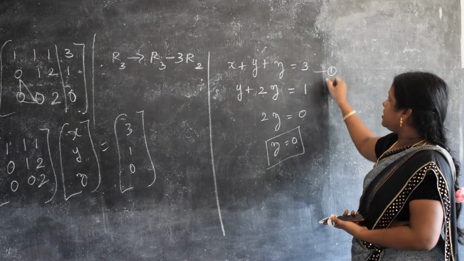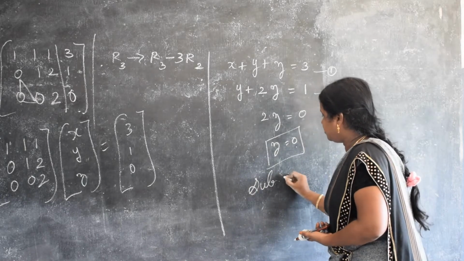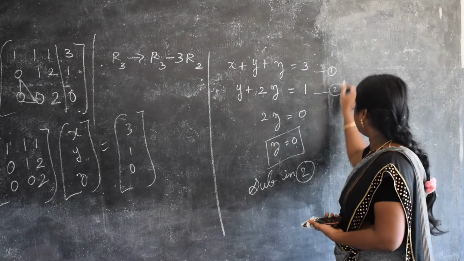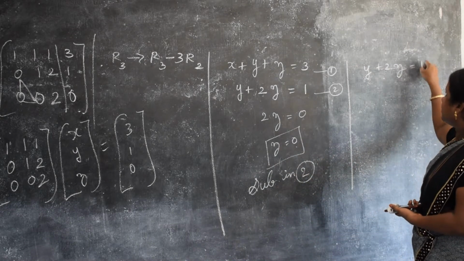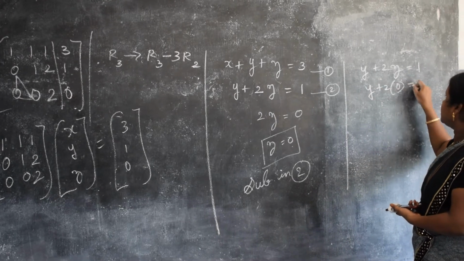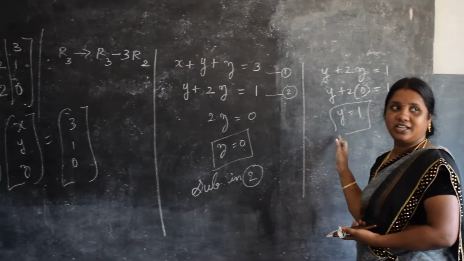Keep it as first equation, second equation. Substitute the z value in the second equation. That means y plus 2z is equal to 1. Sorry, z value is 0. So y is equal to 1. Now I got the y value and z value.